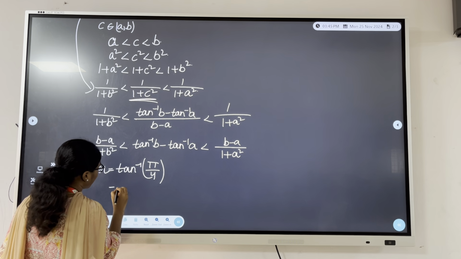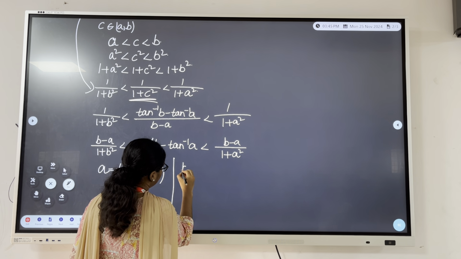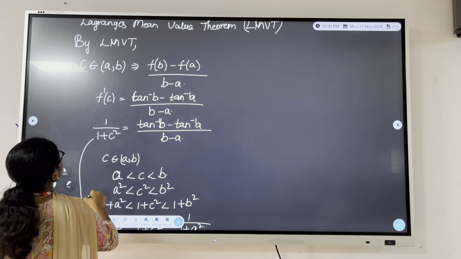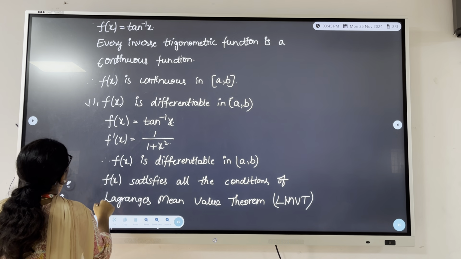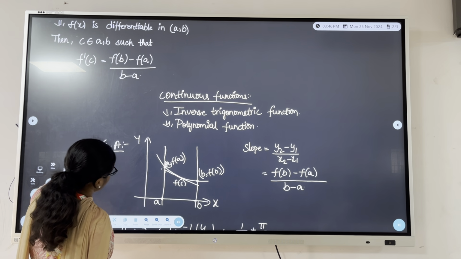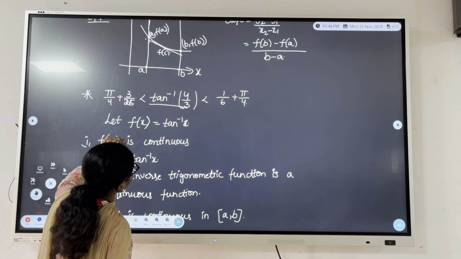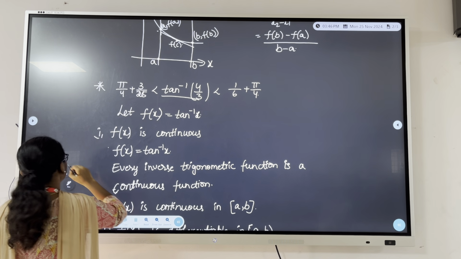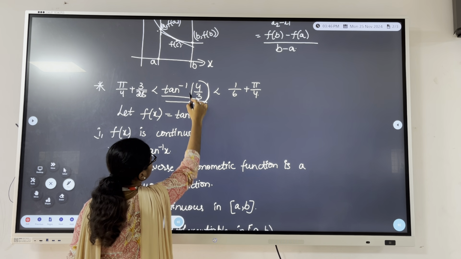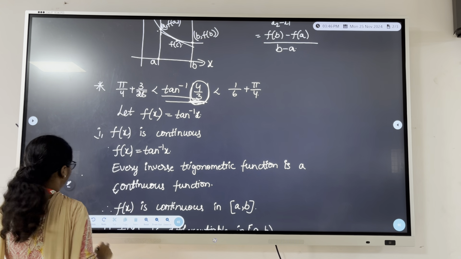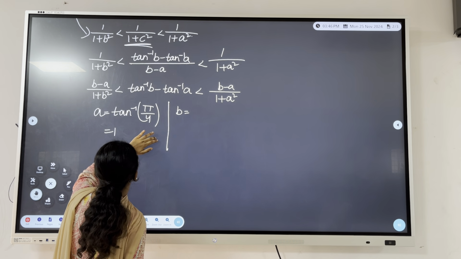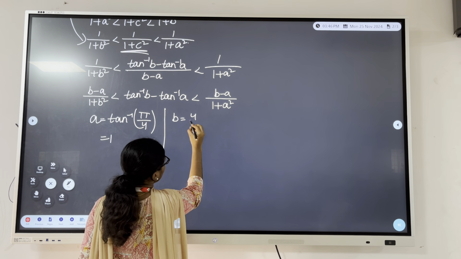The value is 1. b equals this value, because this is the function we take and this is the value of b we get. b equals 4 by 3.